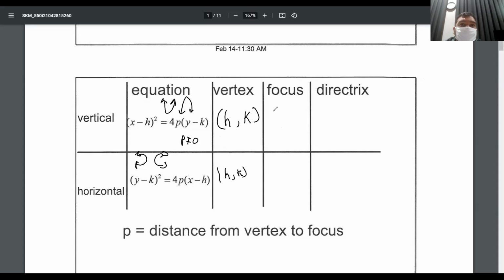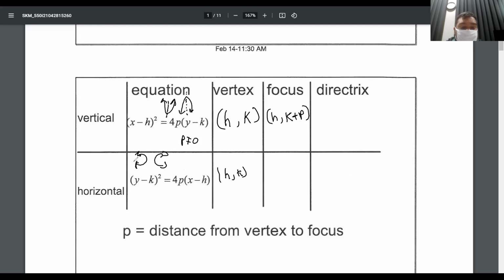All right, the focus. Think about it, guys. Since the focus is on the axis of symmetry, that means it's going to go either up or down. It's not going left or right. So it'll be on the same x value as the vertex, but on the y-axis, k plus p, p being the distance between the vertex and the focus.